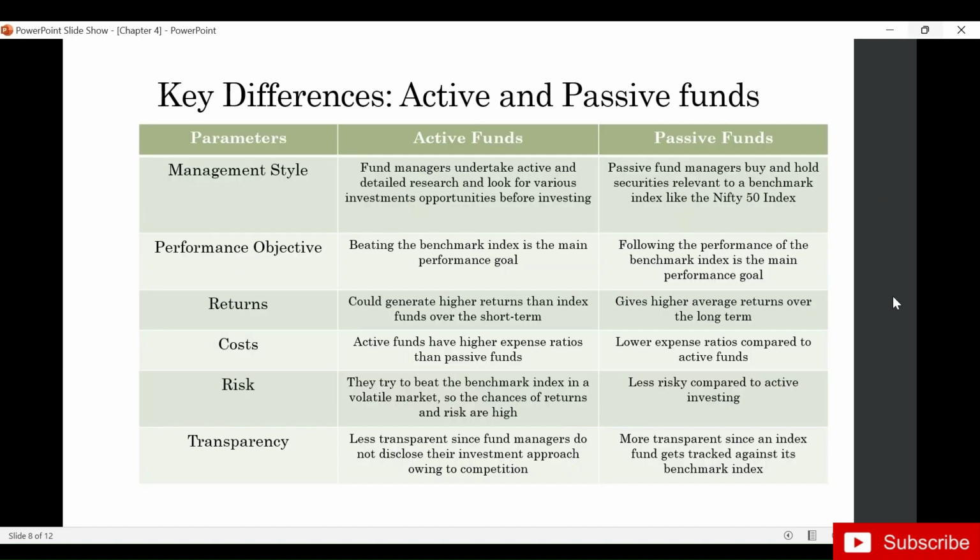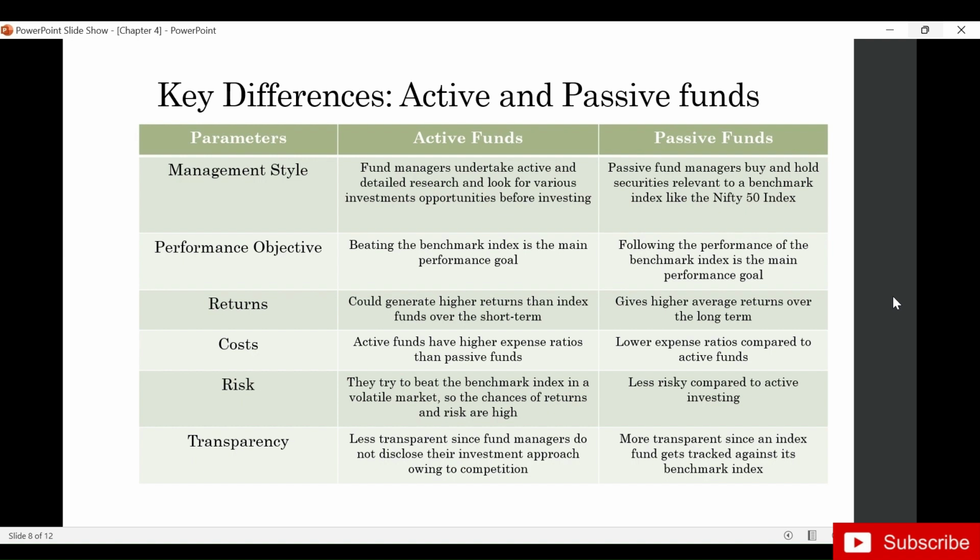In lesson 3, we are going to talk about the key differences between active and passive mutual funds. We are going to compare active and passive funds on the basis of some parameters. The first parameter is management style. Active funds involve fund managers who undertake active and detailed research and look for various investment opportunities in the stock market before investing.